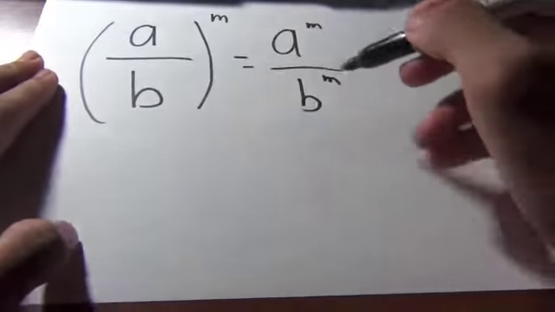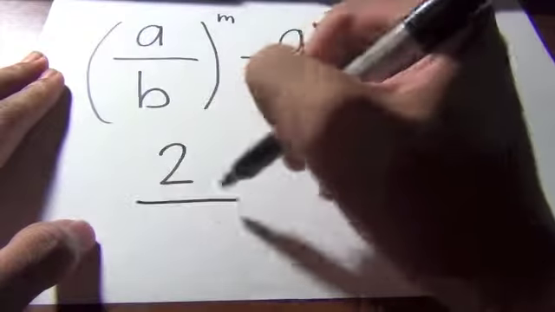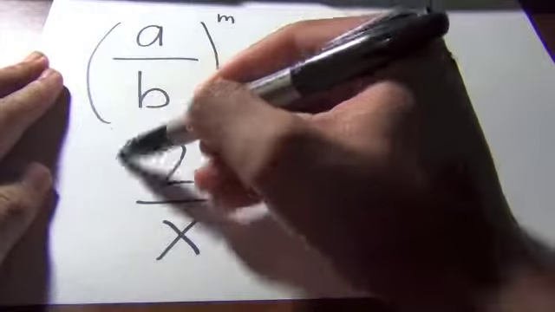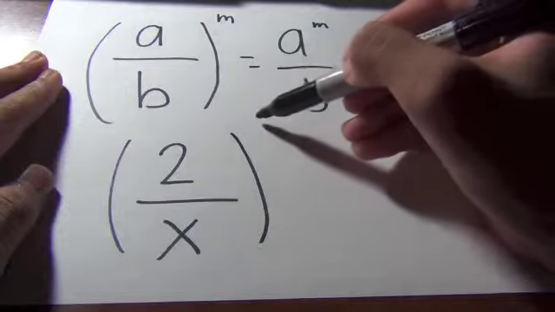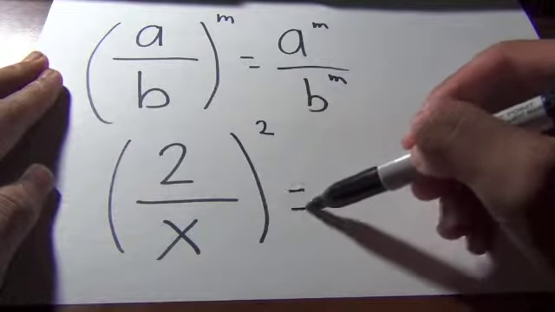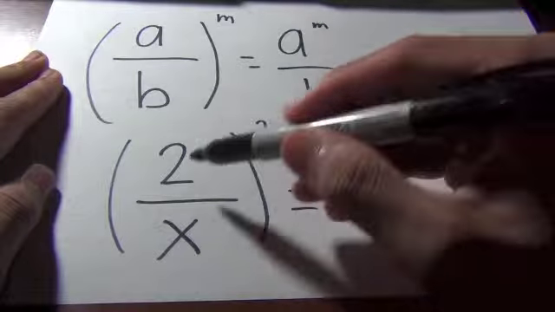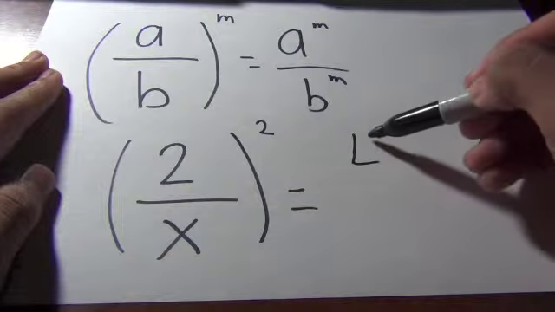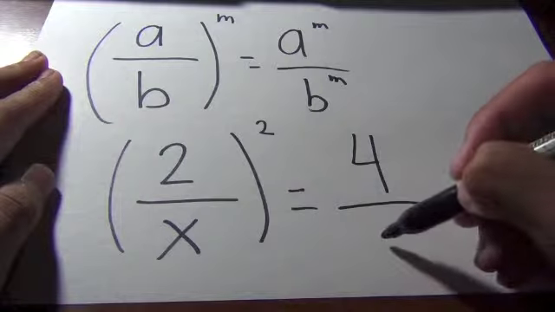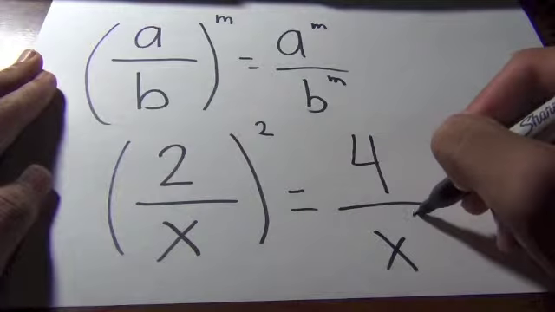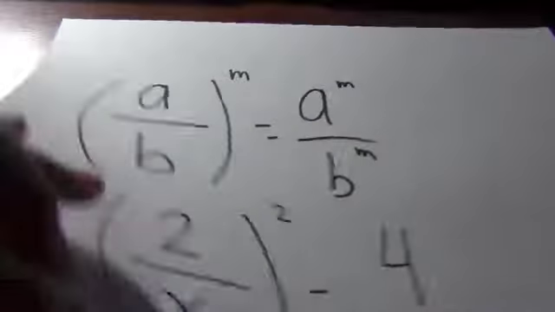For example, if I had 2 over x, let's just use a variable for b, 2 over x to the second power, the square would distribute to both. So 2 squared equals 4 over x squared. That's the fifth property.